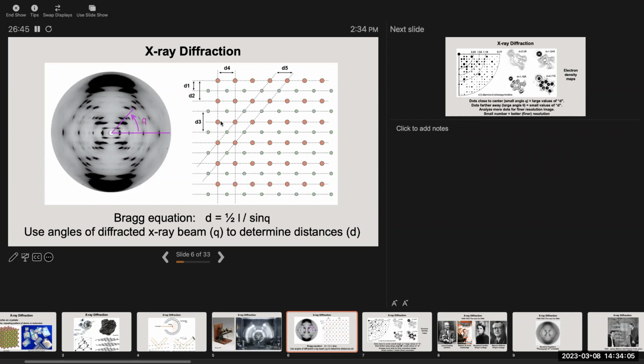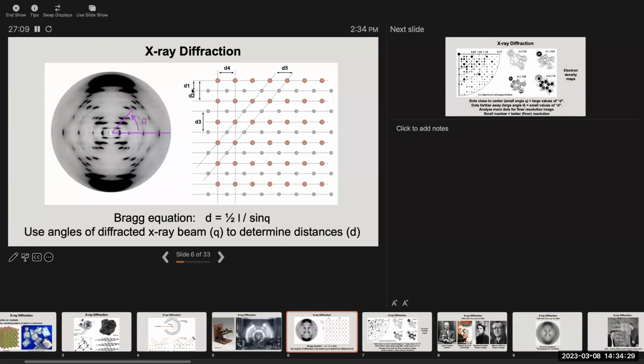And if you look at something even very simple, like the sodium chloride table salt crystal, you've got some rows of sodium atoms, shown here in red. You've got some rows of chlorine atoms, shown in green. So you have spacing between a row of sodiums and a row of chlorines.